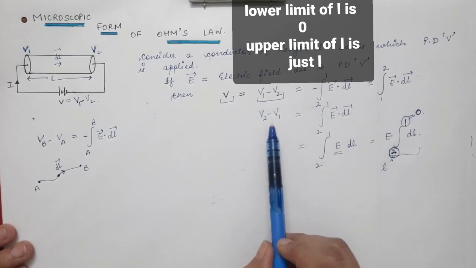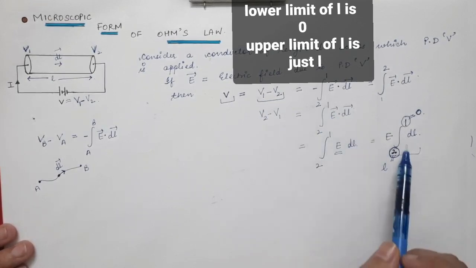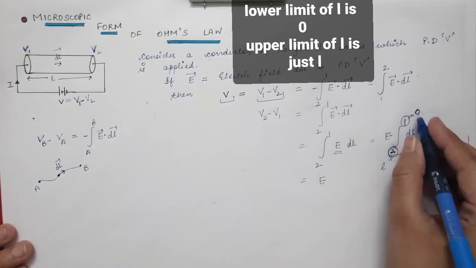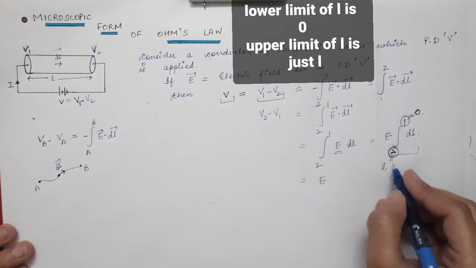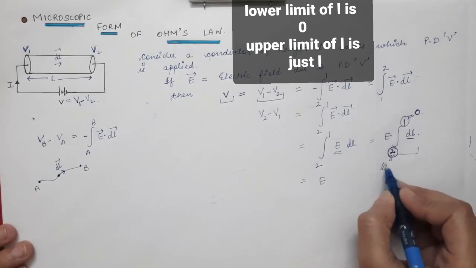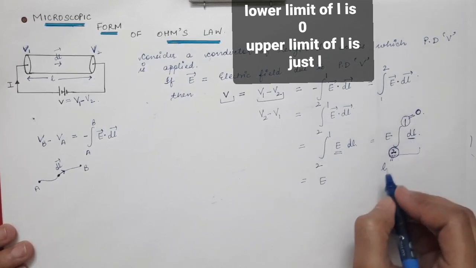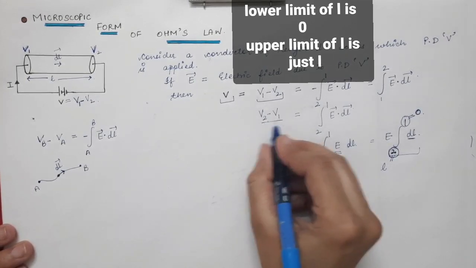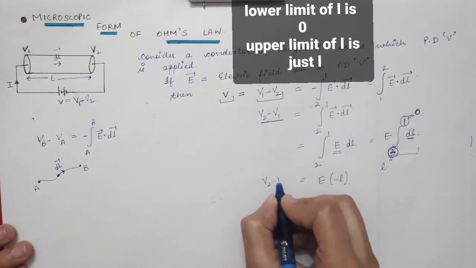So this will come out to be equal to E, and the limits of dl will be from L to 0, and when you solve it you will get minus EL. So that is nothing but equal to V2 minus V1.